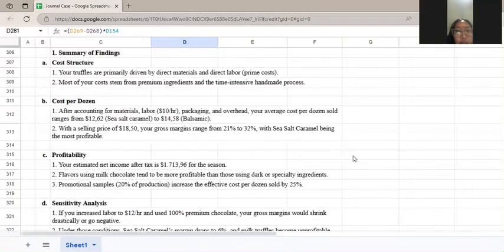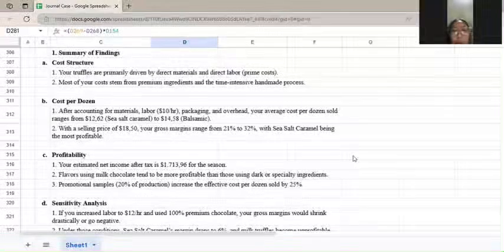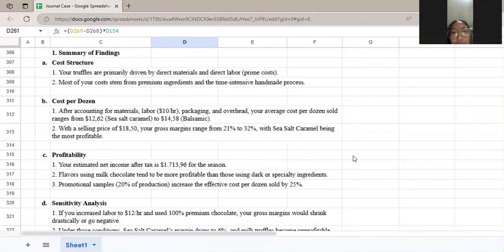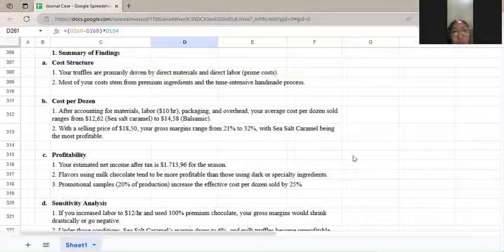At first, after accounting for materials, labor at $10 per hour, and packaging and overhead, your average cost per dozen sold ranges from $12.62 for sea salt caramel to $14.58 for balsamic. And the second one is with a selling price of $18.50, your gross margins range from 21% to 32%, with sea salt caramel being the most profitable.